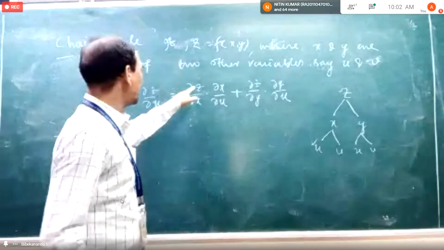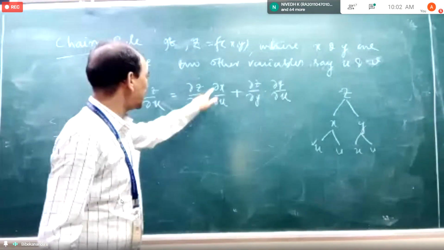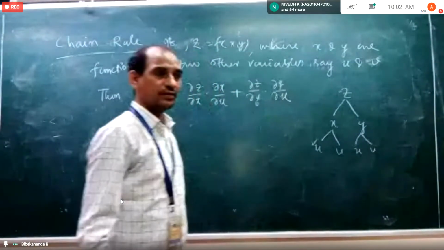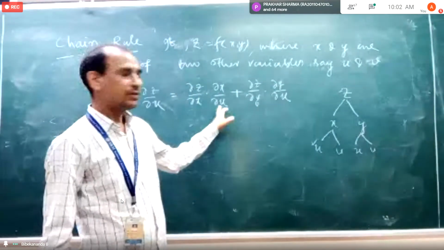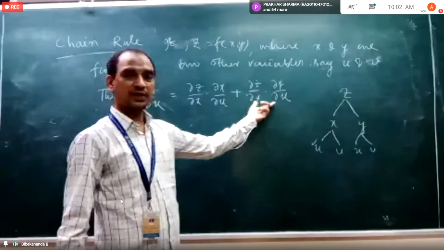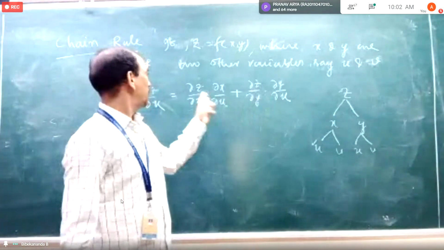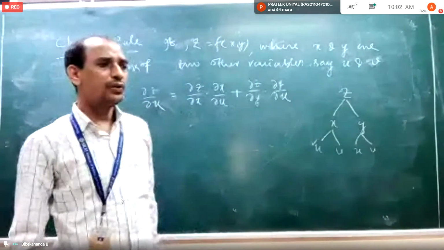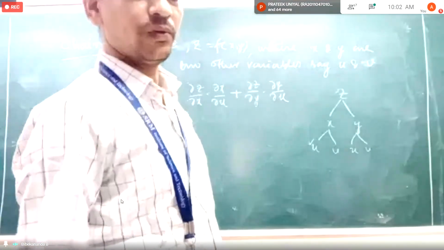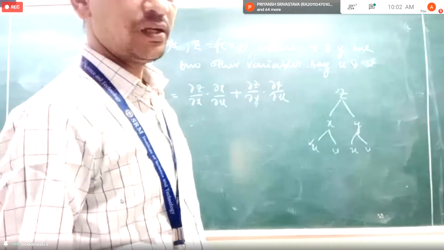That means z and u are related through x and y. This is the partial derivative with respect to u, this is with respect to x, this is with respect to y. So this is called the chain rule.